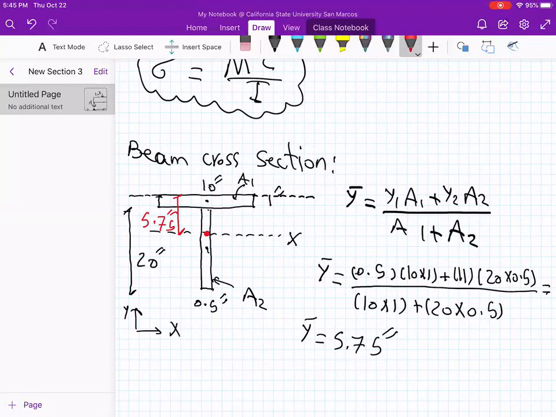Okay. Where did you get the 11 from again? 11. Half of this is 10, right? Because this is 10 plus 1 inch. Wouldn't it be plus half of that 1 inch thickness? Which value are you talking about? The horizontal top bar, it's 1 inch thick, right?